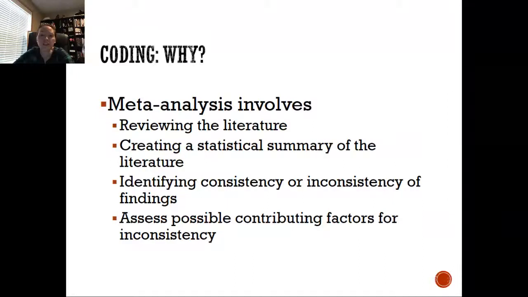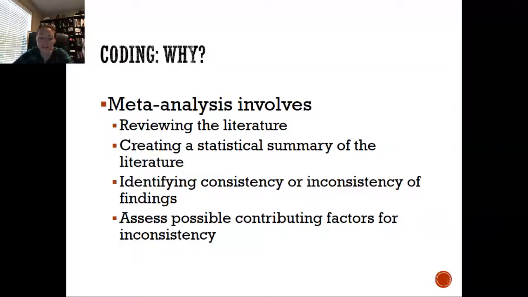So what does that statistical summary look like? We're going to be looking for, is it similar from study to study, or does it really vary from study to study? And we also want to be able to assess for possible contributing factors if we do find inconsistency across the articles.